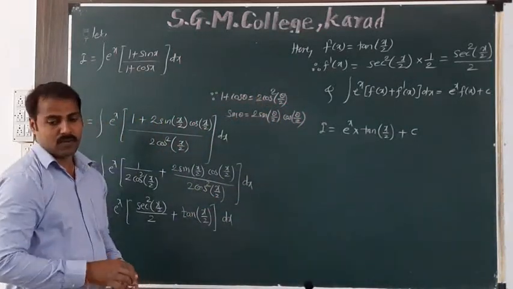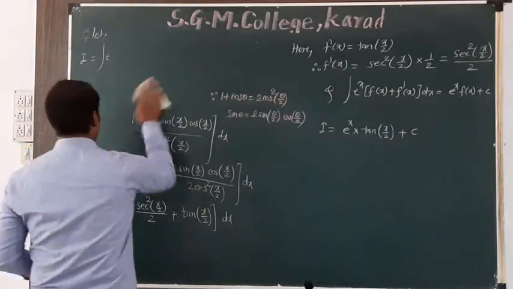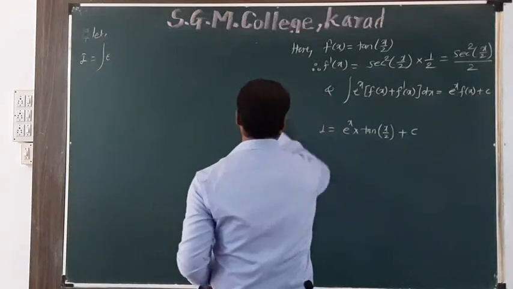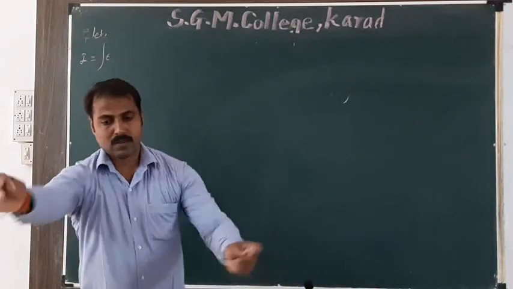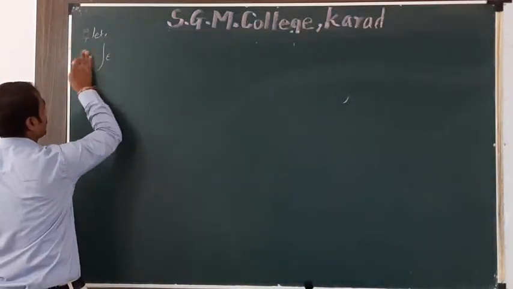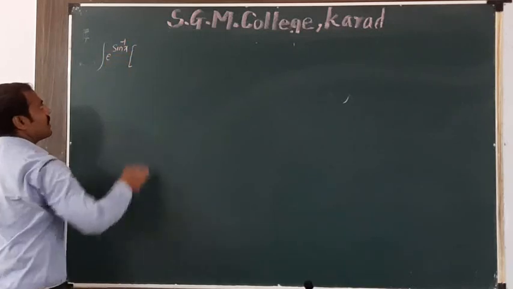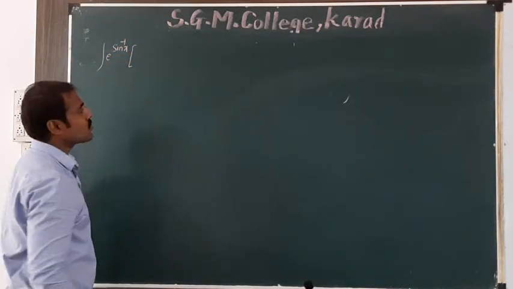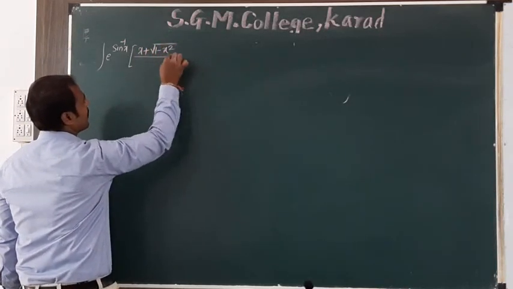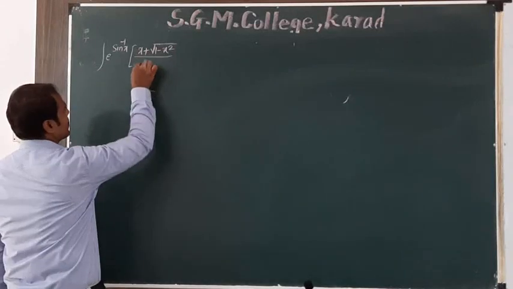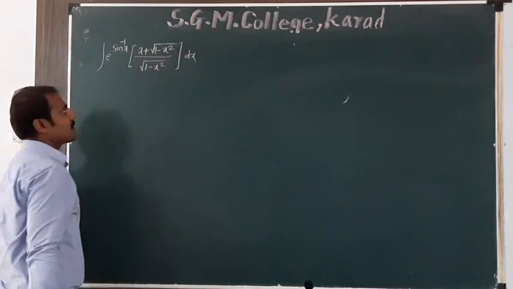Now moving to our next example, evaluate integration e raised to sin inverse x into bracket x plus root of 1 minus x square divided by root of 1 minus x square dx.